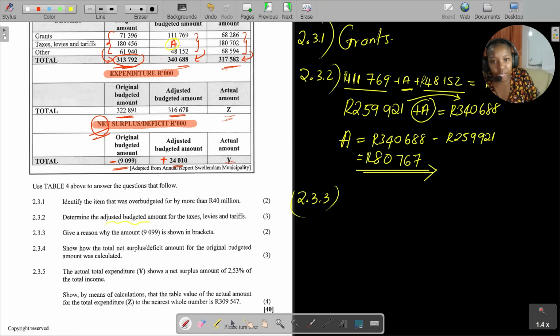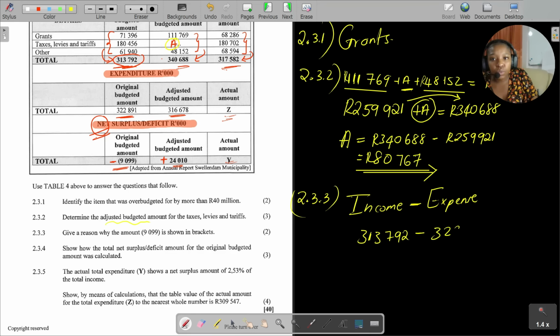Because when we took the income and you minus the expenses, or the expenditure, we took that 313,792 minus the expenditure of 322,891. We actually got a negative 9099.